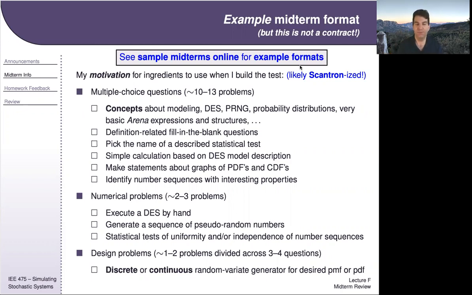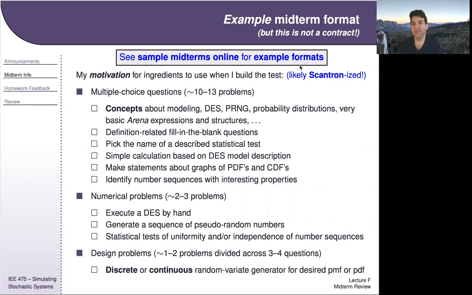Then you will have to do some numerical things. You might have to execute a DES by hand, and because it'll be multiple choice, after you execute it by hand, there'll be a calculation that will then be filled in. You might have to generate a sequence of pseudo-random numbers or use a statistical test like a chi-squared test on a sequence that I give you.